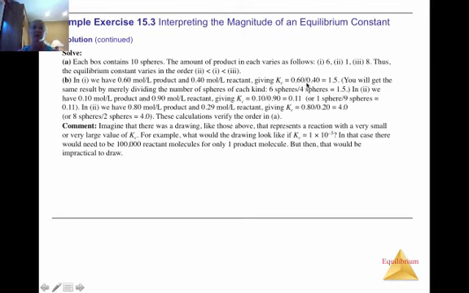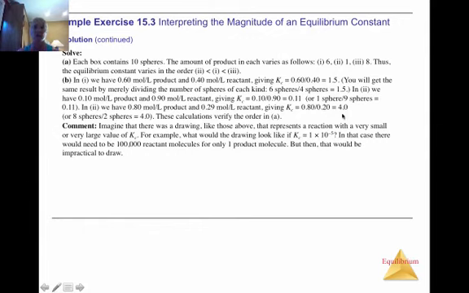So product divided by reactant, we have an equilibrium constant of 1.5. We can duplicate the process for the second picture and for picture number 3 as well. And if you punch in the numbers for picture 3, where there were 8 product spheres to 2 reactant spheres, 0.8 molar divided by 0.2, that's got a Keq or Kc of 4.